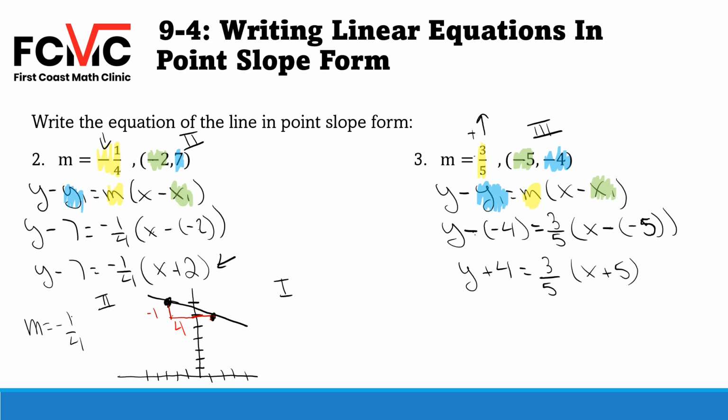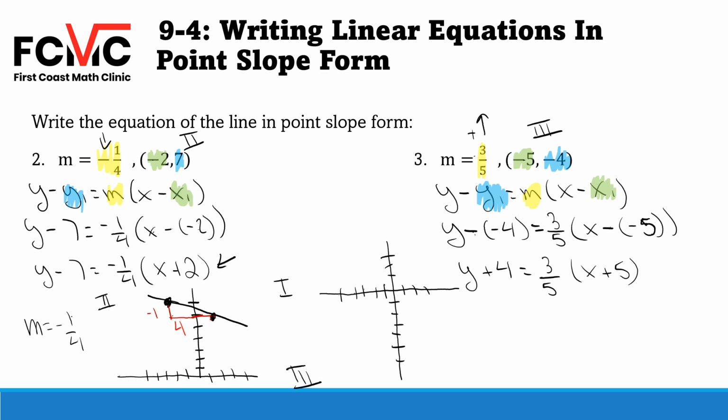Again, just a really rough graph to represent our equation in point-slope form here. For number 3, we're starting in quadrant 3 and we're going up. So let's sketch this in. So here's our quadrant 3. We'll start at negative 5, negative 4. So x is negative 5, 1, 2, 3, 4, 5.